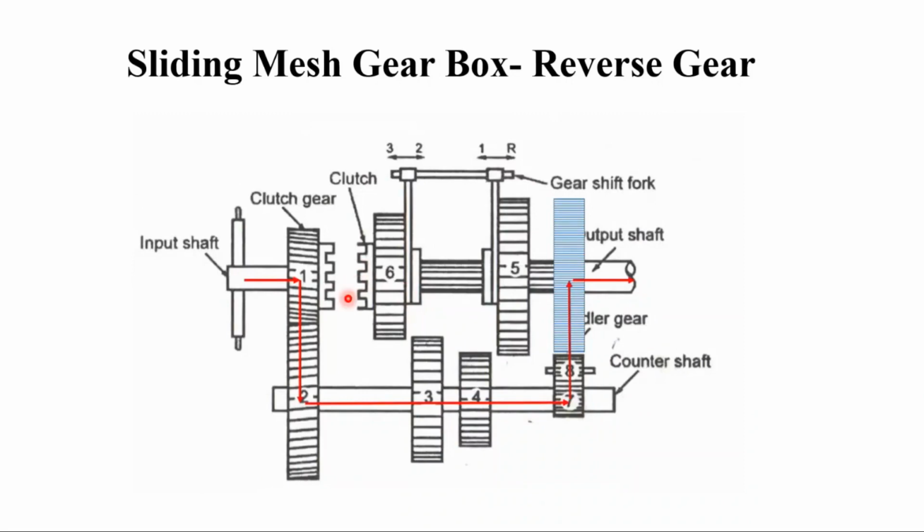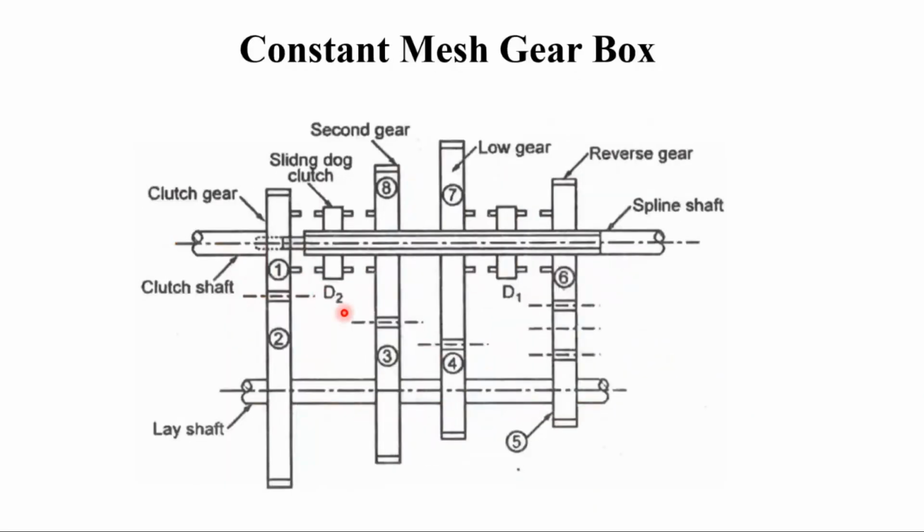It's not just in the sliding mesh that the gears get affected and breakage happens. In the case of dog, you have the dog teeth. Only the dog teeth will get affected, but the gears will not. It also saves cost in case of any failure. And comparatively, the operation is not that highly noisy when compared to that of sliding.